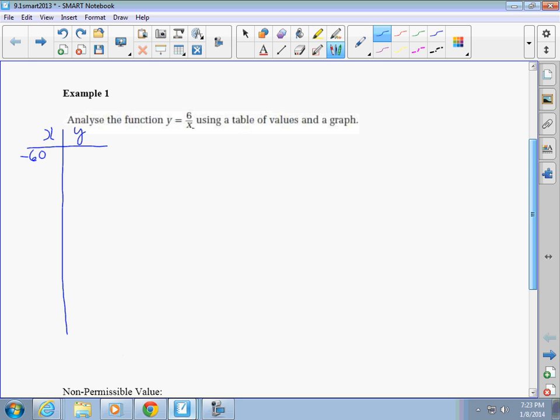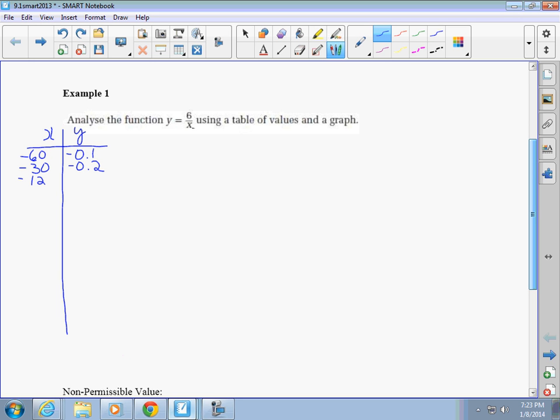So if I use negative 60, 6 divided by negative 60 leaves me with negative 0.1. If I do half of that, negative 30, 6 divided by negative 30 leaves me with negative 0.2. If I go to negative 12, and you can see I'm picking numbers right now that are multiples of 6 so that we can get a nice round number for an answer.